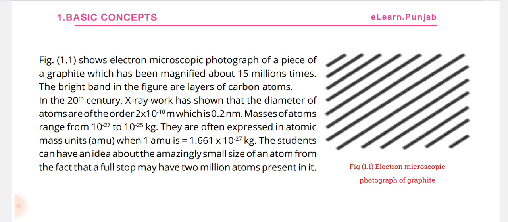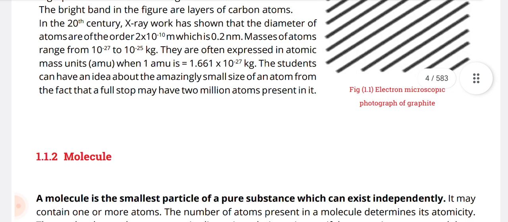Masses of atoms range from 10^-27 to 10^-25 kg. They are often expressed in atomic mass unit, where 1 amu is 1.661 × 10^-27 kg. The students can have an idea about the amazing small size of an atom from the fact that a full stop may have 2 million atoms present in it.